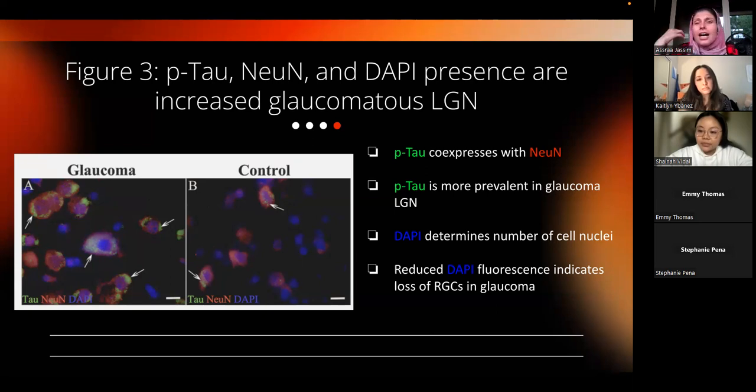Because I just hypothesize that this is a microglia. Because really microglia is the source of inflammation in the retina. And maybe microglia is expressing p-tau and taking it to the brain. Okay, so maybe, I don't know. It's a hypothesis.